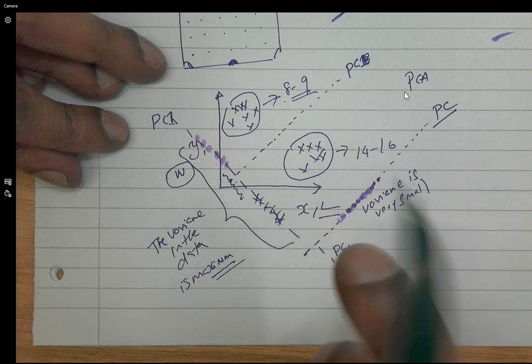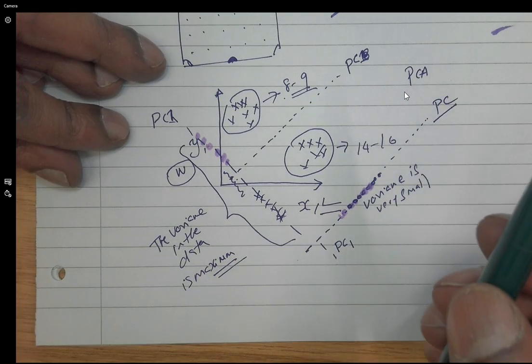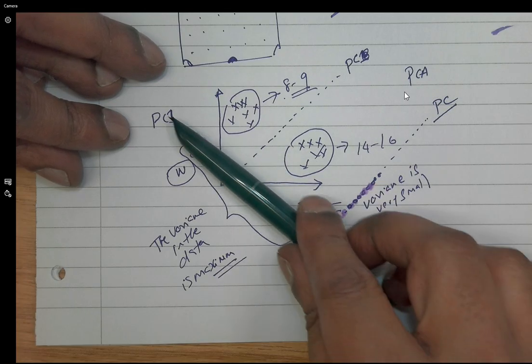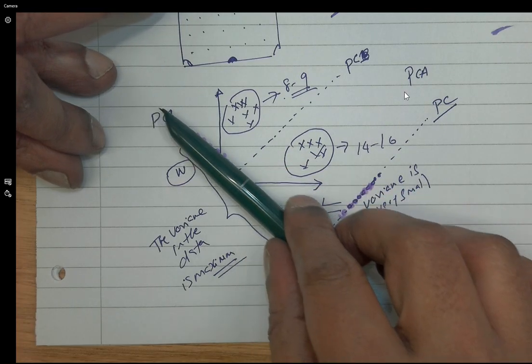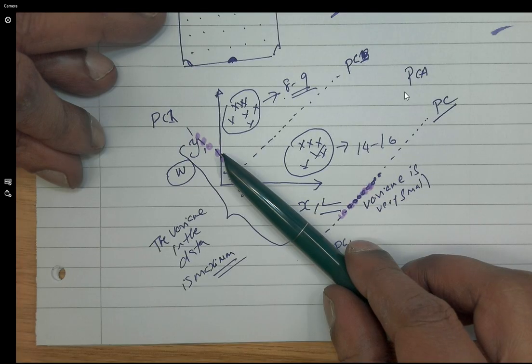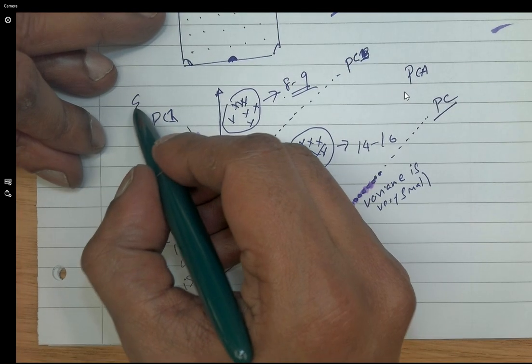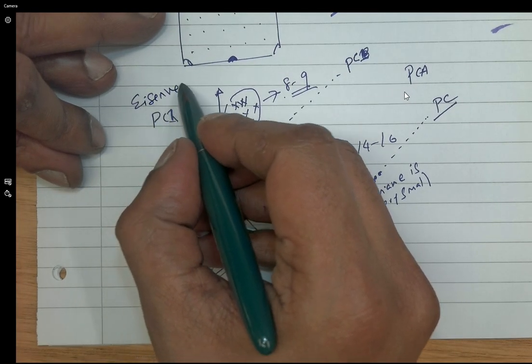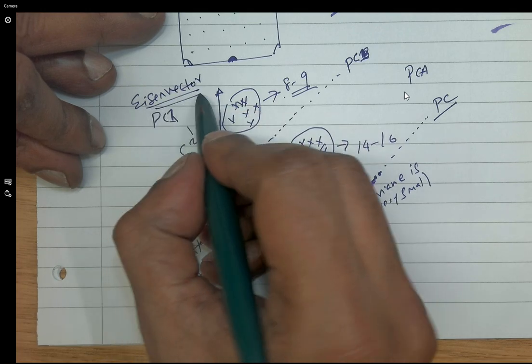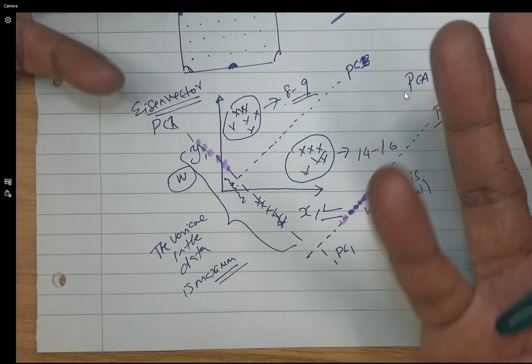Pay attention, I'm going to introduce a buzzword now, something related to PCA. The direction of this particular line, of this principal component, is nothing but your eigenvector. And then how much information we carry?